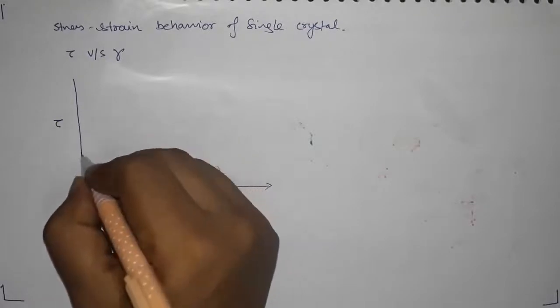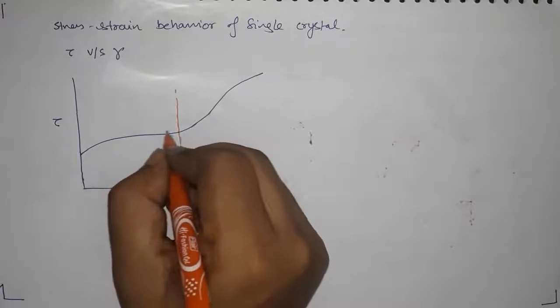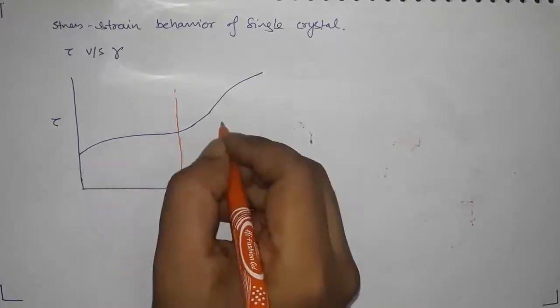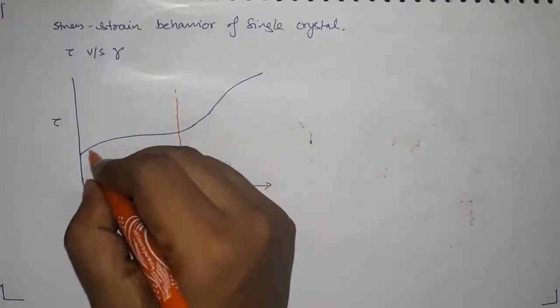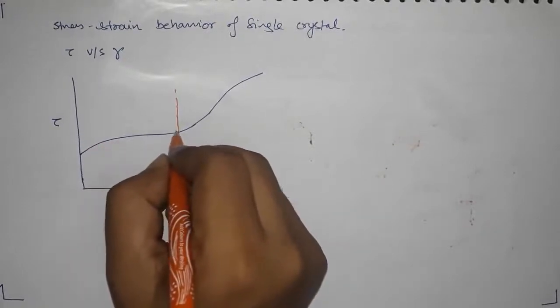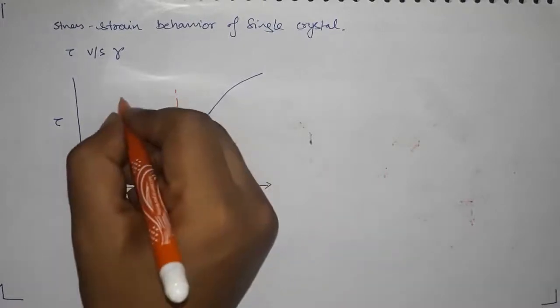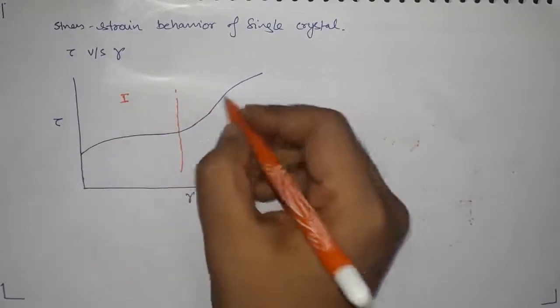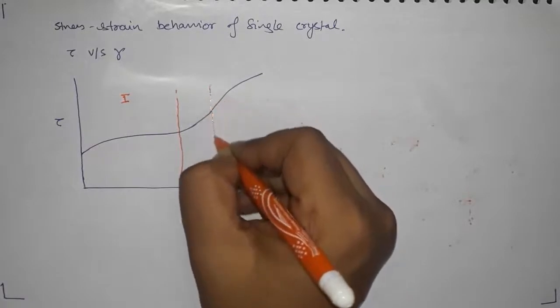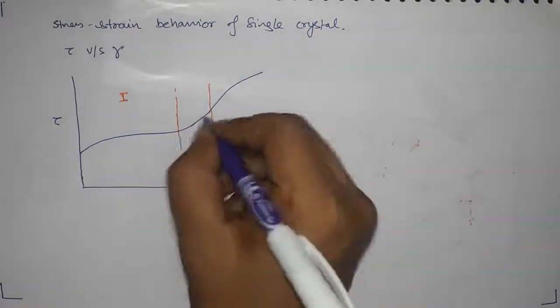looks something like this, till where you have a very small increase in the strain hardening exponent. Okay, so very small strain hardening and kind of constant rate of strain hardening. So that is my stage 1. Then I have another stage where the strain hardening exponent is kind of linear.